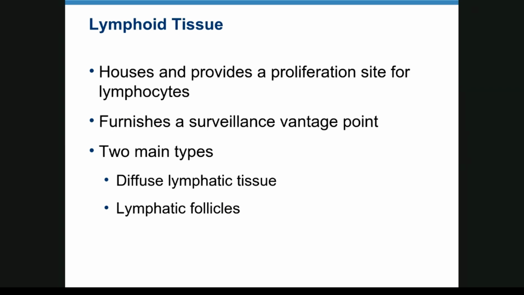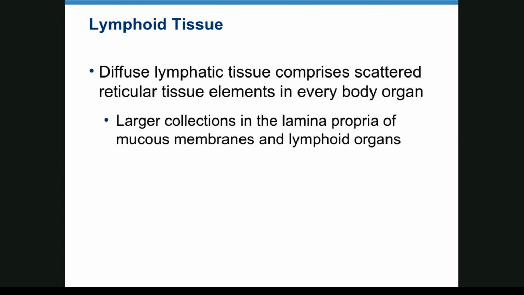Okay, lymphoid tissue is a place for lymphocytes to hang out, a good surveillance point for them. And we have two types: diffuse lymphatic tissue and lymphatic follicles. We have lymphatic tissue throughout everything, the reticular tissue elements, every part of the body.